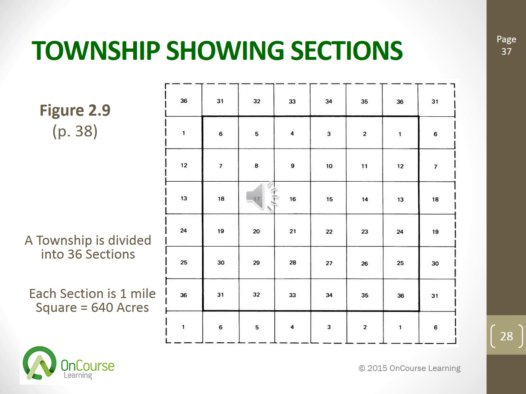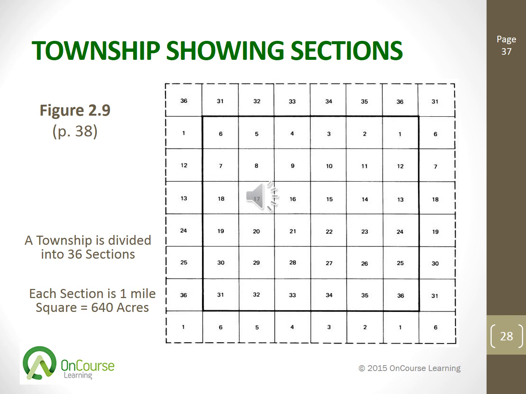So who knows? Maybe he just liked to do it that way. I have never studied that history. I just always thought it was interesting to note that the numbers went from right to left rather than from left to right. Not a big deal, but then we have section numbers and we have township and range numbers.